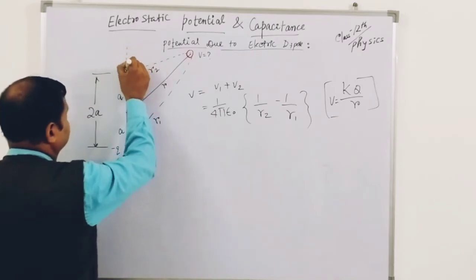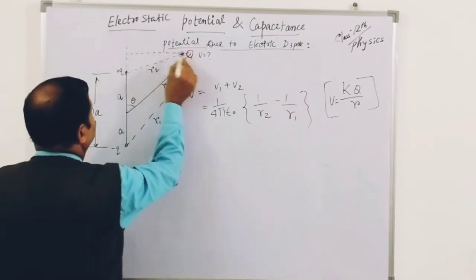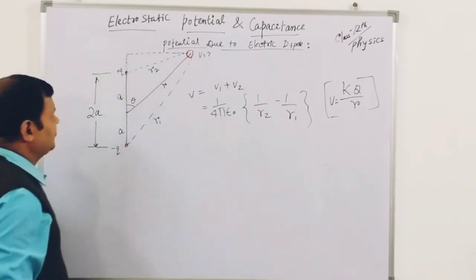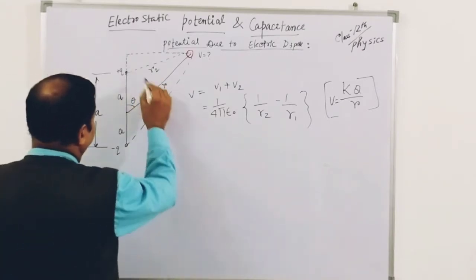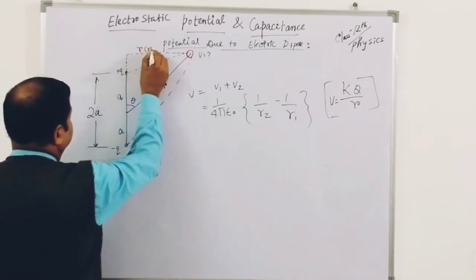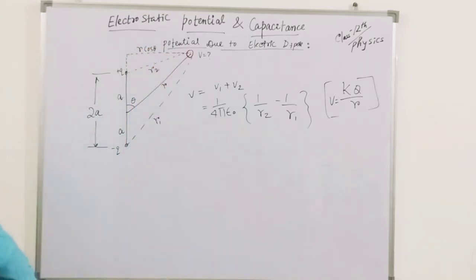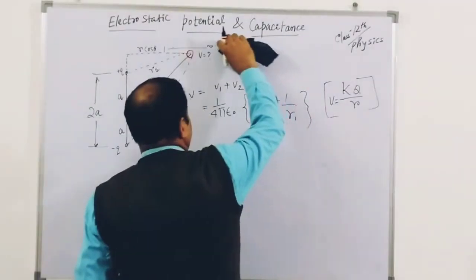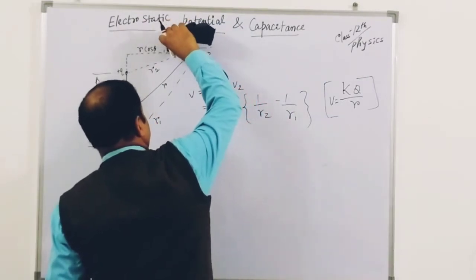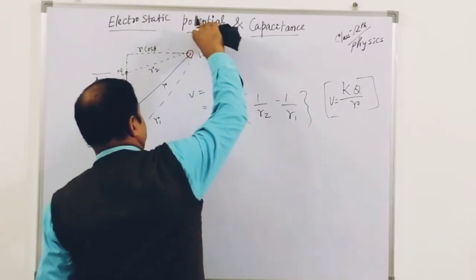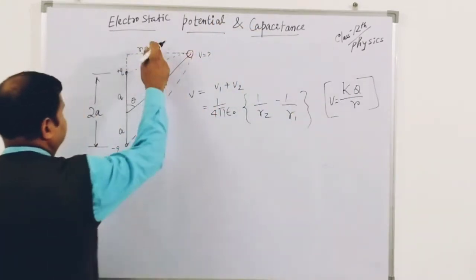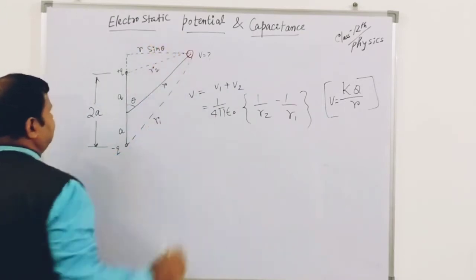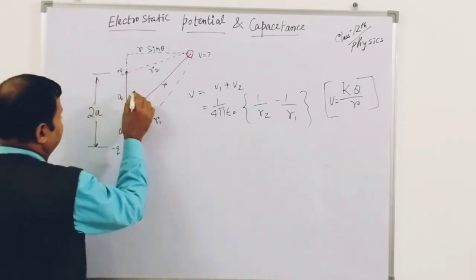Considering the larger triangle over here, this part is r sin theta, and this part is r cos theta.